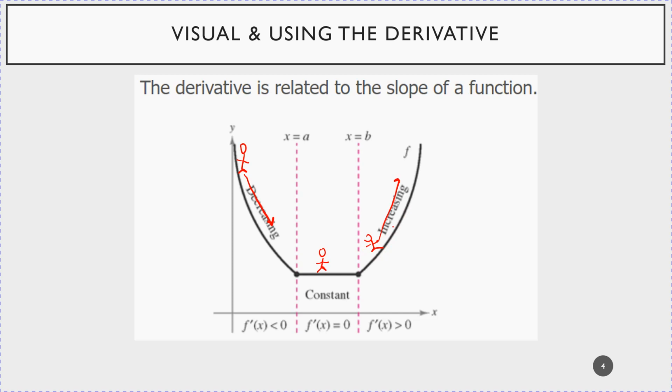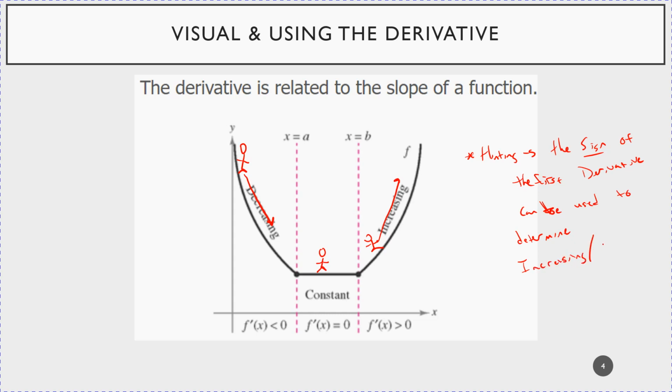So what we're hinting at with this graph is that the sign of the first derivative can be used to determine increasing and decreasing.